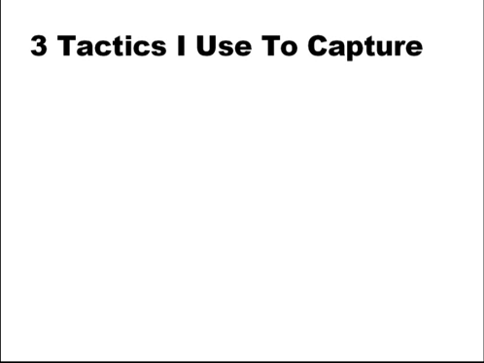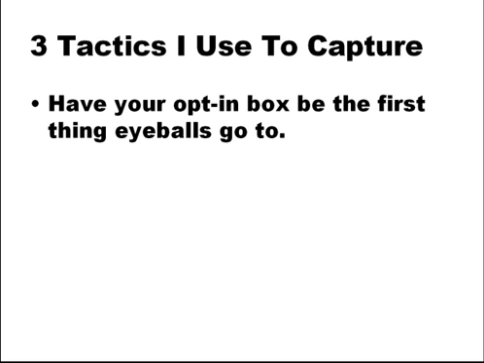Here's 3 tactics that I use to capture. These are things I've optimized over time, and I've heard a couple of them from people. Some of them I've never actually even heard anybody use. So first, have your opt-in box be the first thing eyeballs go to. Some of my niche stuff, I'll have opt-in boxes that are a completely different color from the rest of the blog.